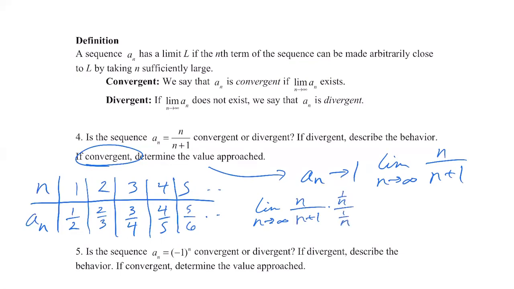I'm using n because it's the highest power in the rational expression. And that would be the limit as n goes to infinity of n over n up top, n over n plus 1 over n below. And that gives me the limit as n goes to infinity of 1 over 1 plus 1 over n. Sure enough, as we evaluate, that gives us 1.